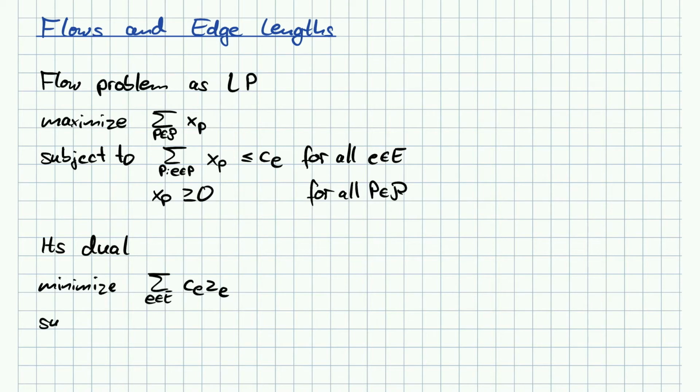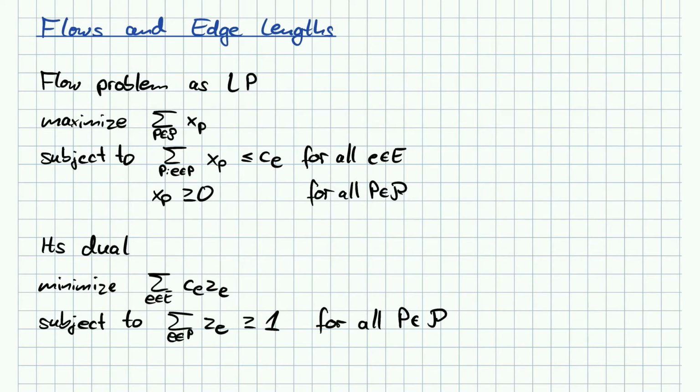And what are the dual constraints? We'll have a dual constraint for each variable in the primal. What we'll need is the following: the sum of the Z_e is at least 1 for all the edges on a path.